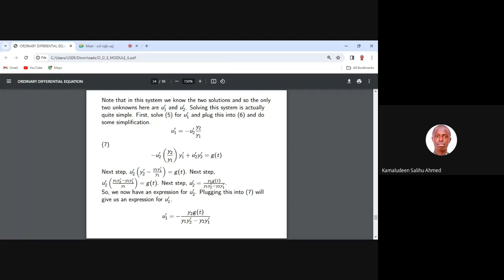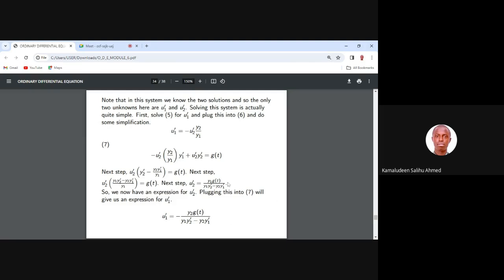For you to have your u2 prime, you have to divide both sides by this, that is, multiply by the reciprocal: y1 over y1 y2 prime minus y2 y1 prime.